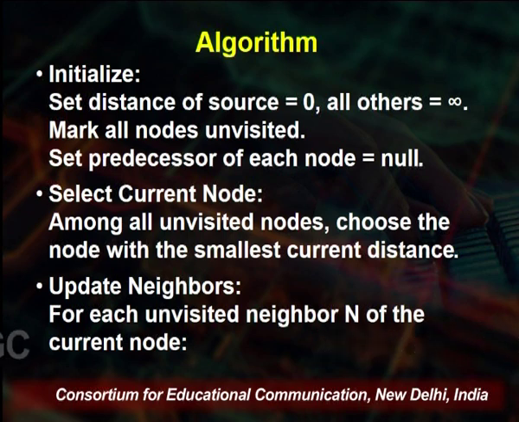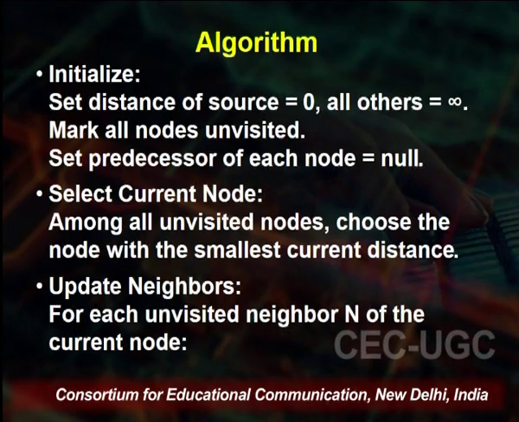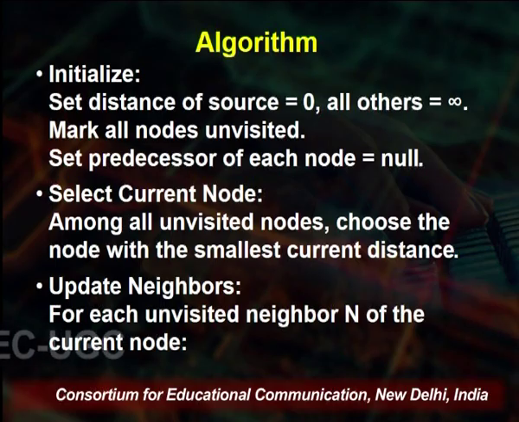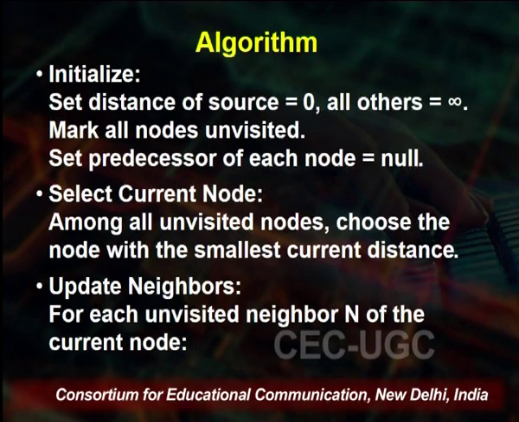Now, among all the unvisited nodes, we are going to choose the one with the smallest current distance, and then we will update the neighbors for each unvisited neighbor n of the current node.